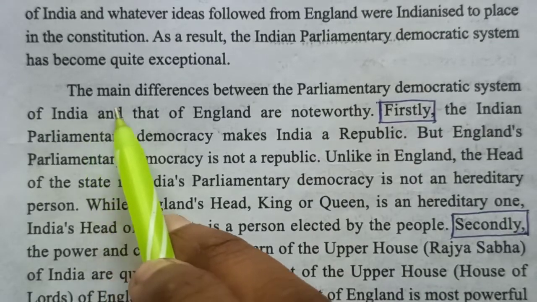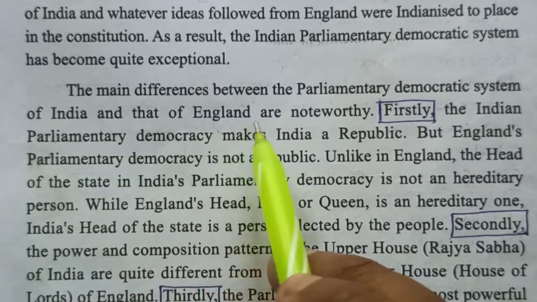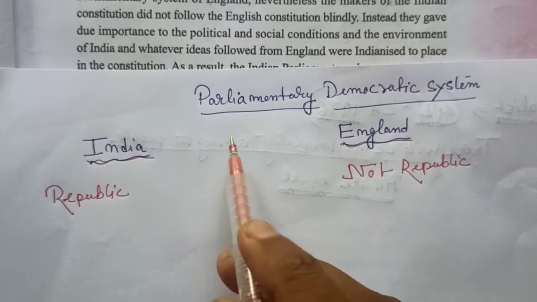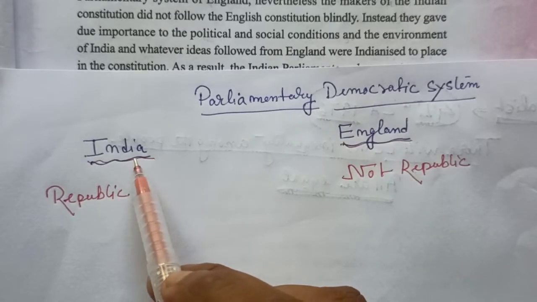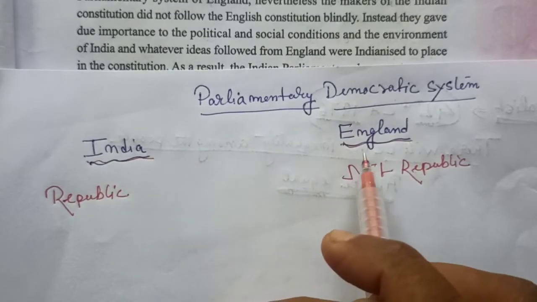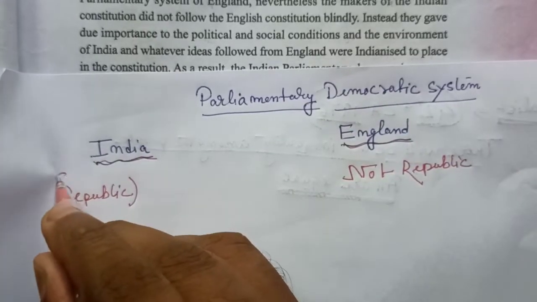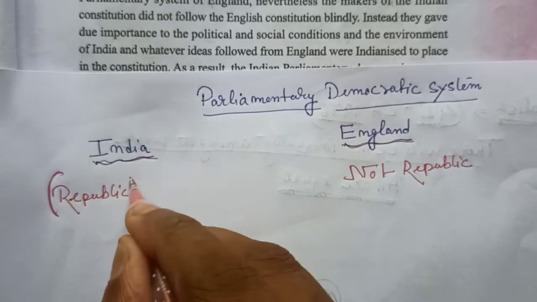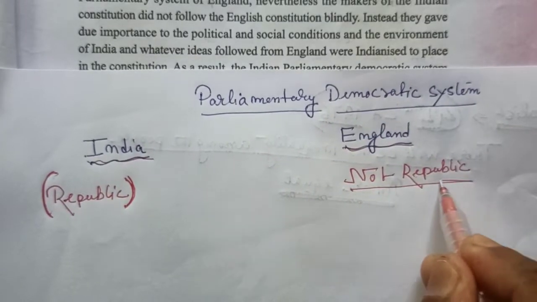Now we will see the main differences between the parliamentary democratic system of India and England. Number 1: India is a republic country, but England is not a republic country.